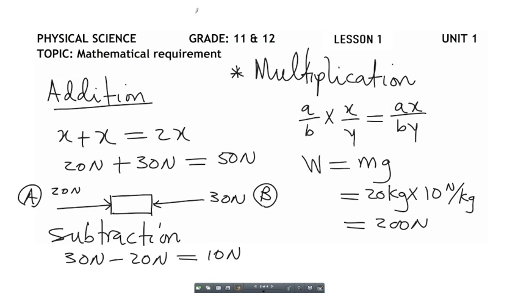Alright, just a quick summary of what we have done. We were looking at addition, multiplication, subtraction, and division.